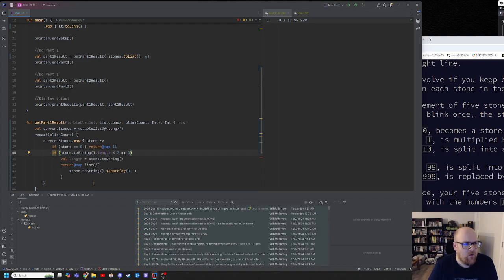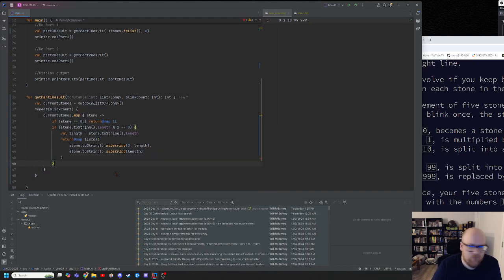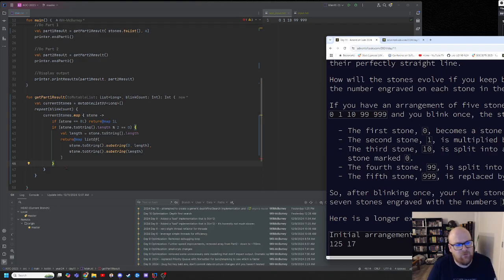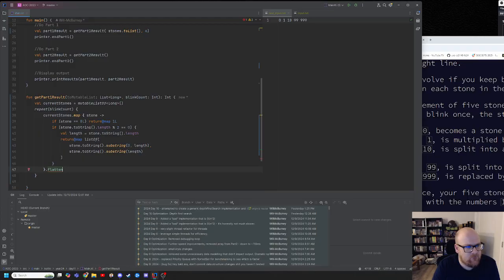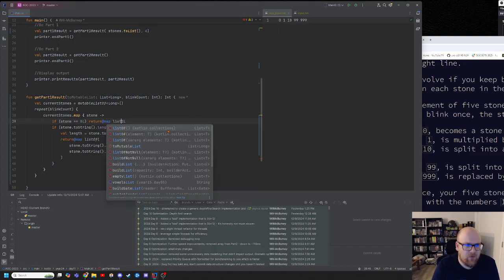Kotlin, pretty please. Okay, we get the length, and then it's going to be substring to length, comma, stone. Okay, and then I'm just gonna flatten this after. So dot flat. I know this is a bit awkward, but it'll make sense.